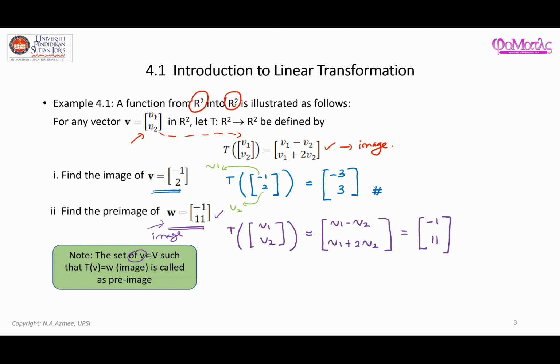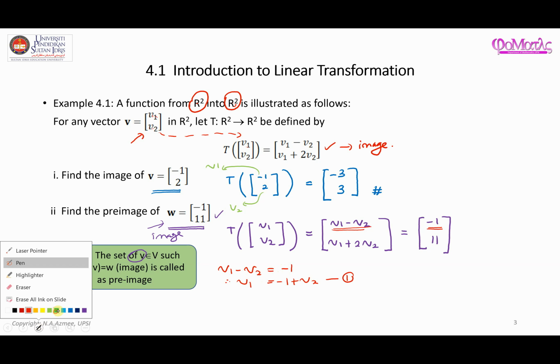This could be your starting point, and based on this you can create equations. Here is the first equation: V1 minus V2 must be equal to negative 1. Therefore, I can say V1 is negative 1 plus V2, and I'm going to call this equation 1. Next is this part here.